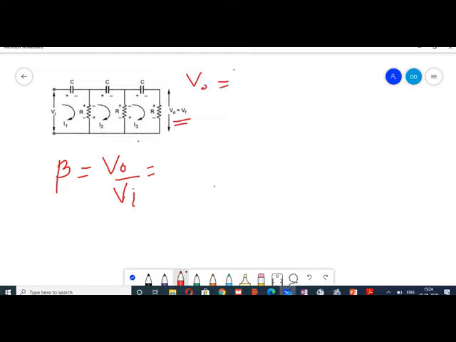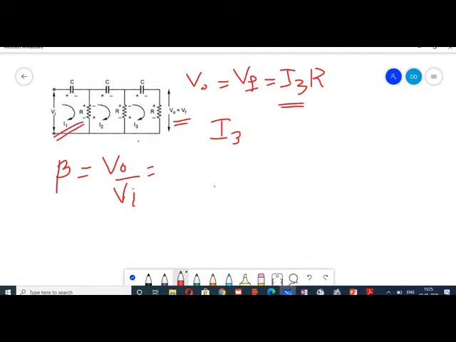This V0 is equal to Vf, which is equal to I3 into R. So our aim is now to find I3. We can find I3 by applying KVL to all these 3 loops. So now we have 3 loops here. First we will write the KVL for all the 3 loops.